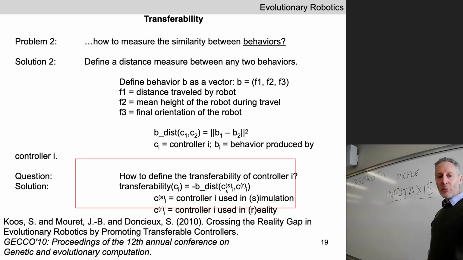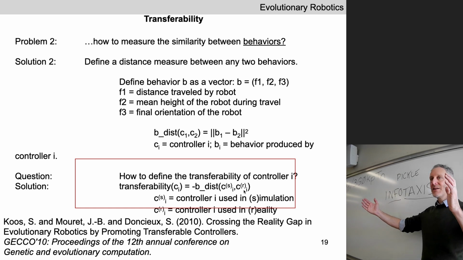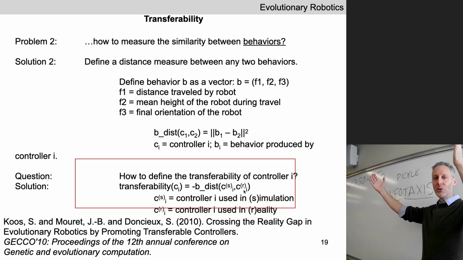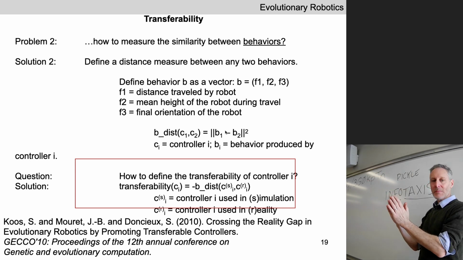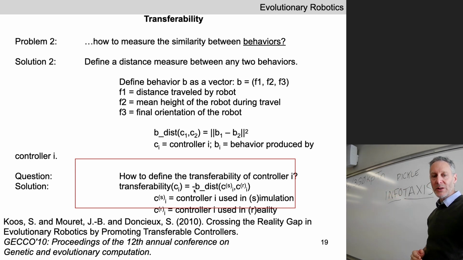We run controller CI in simulation, and we run controller I in reality. That produces behavior in sim and behavior in real. Compute BS, features of the behavior in simulation, and BR, features of the behavior in reality, compute Euclidean distance, and we set transferability to be the negative of that.